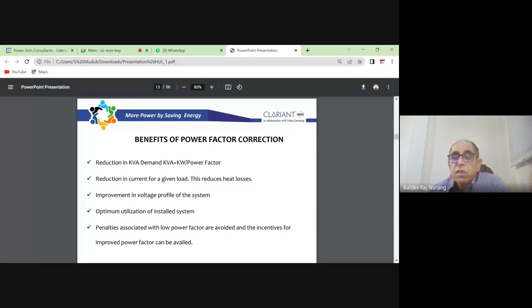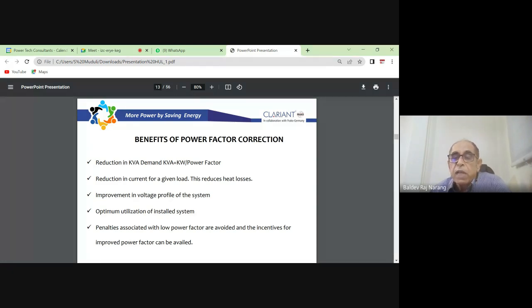And in a resonance condition, we need that phenomenon. Whenever there is resonance, there is a heavy current, and resonance is a self-correcting phenomenon. Suppose one capacitor fails during resonance because of the heavy current, the system will go out of resonance because the balance will be disturbed. So this is required. If the capacitor doesn't fail, it may result in a more severe accident.